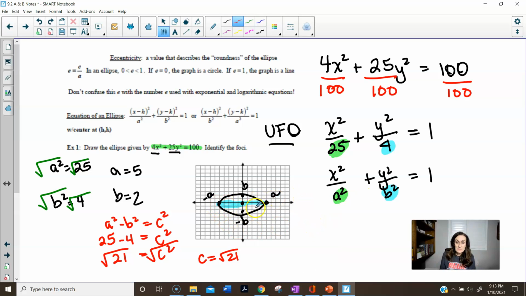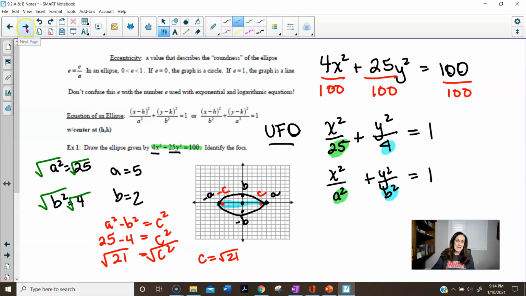So on this major axis, you would go right a little bit less than 5 and left a little bit less than 5, which is the square root of 21. And that's where your foci are. We're going to talk about amazing things with kidney machines and buildings that are elliptical, like the Capitol, and talk about the foci. So we'll do that in class.